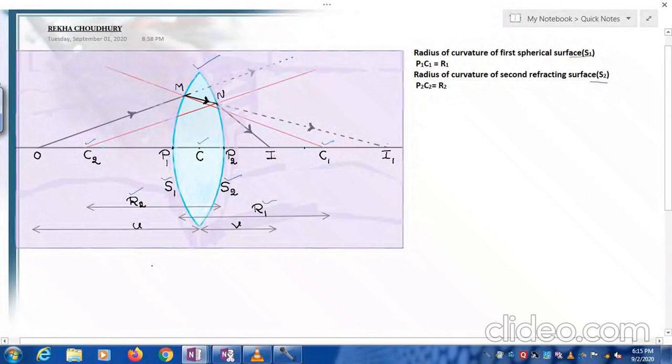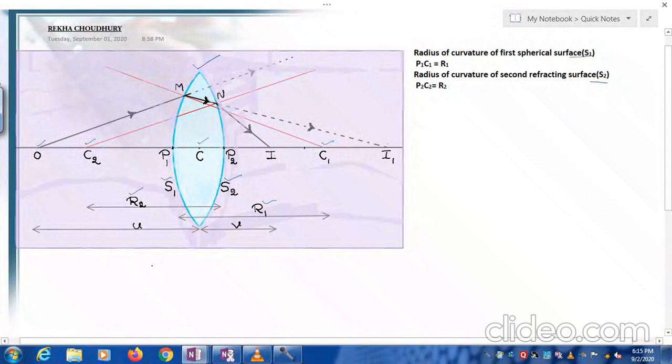Here we have taken a point object which is situated on the principal axis of the lens. From this point object, OM is the incident ray upon the surface S1. Now at the point M, as we know, we have to draw a normal.